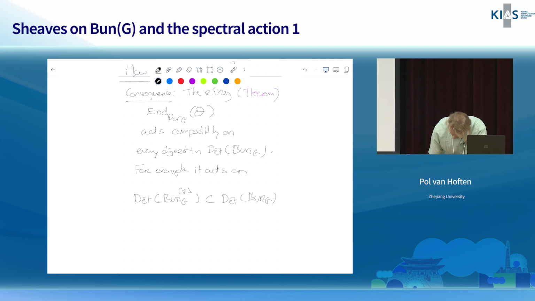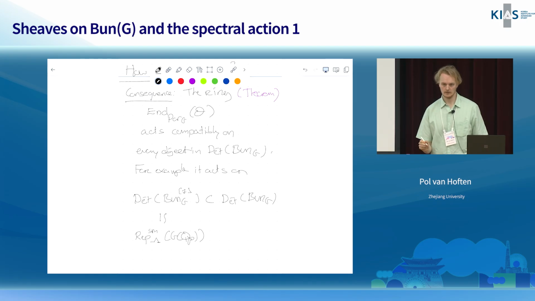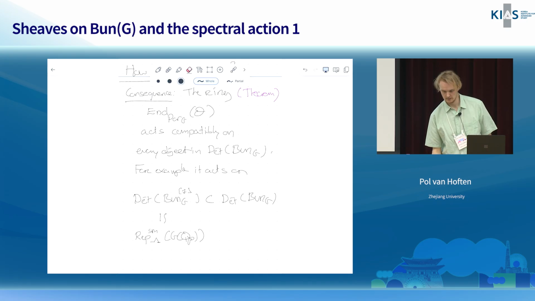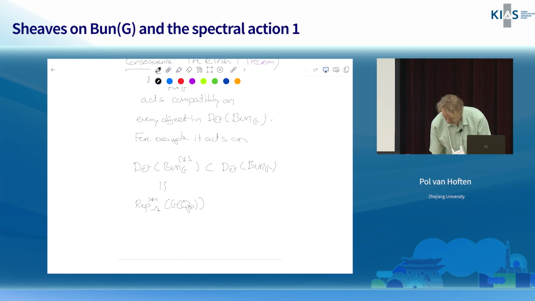And of course, we know what this is. This is just the derived category of smooth representations on lambda-modules of G(F), thank you.